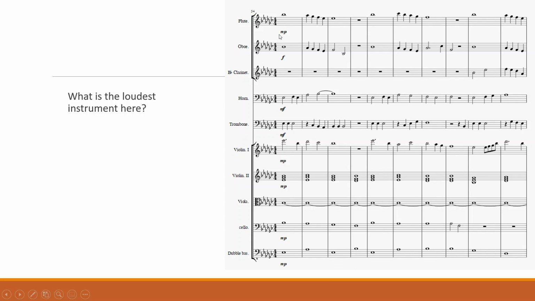On these measures you will see MP, F, and the bass clarinet is not playing anything, which is what the rest symbols are for. That's why they're important to keep remembering. Then we see an MF, MF, MP, MP, MP, and an MP.